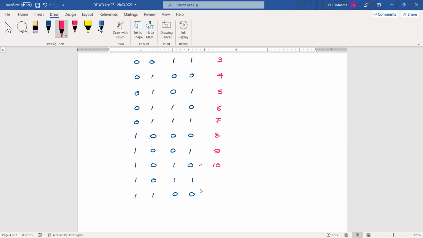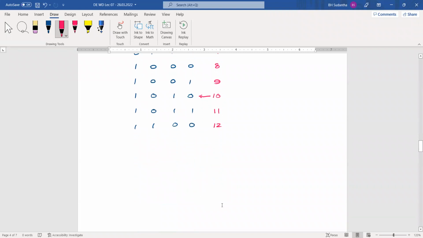And this is 10, 11, 12. Okay. But actually it will continue up to this value also. Then 13, 14, 15.